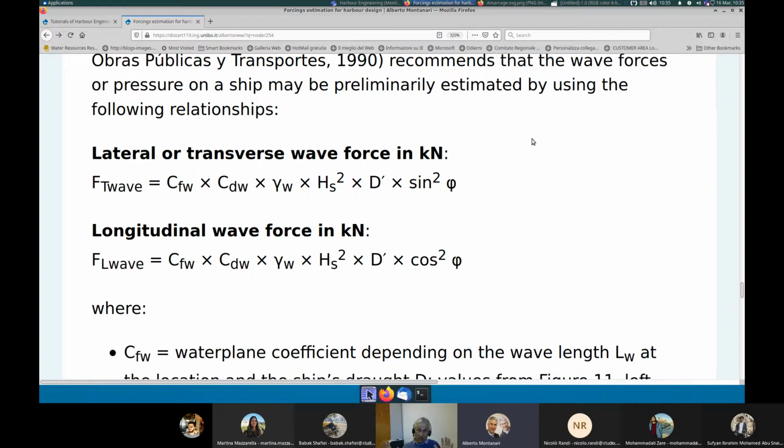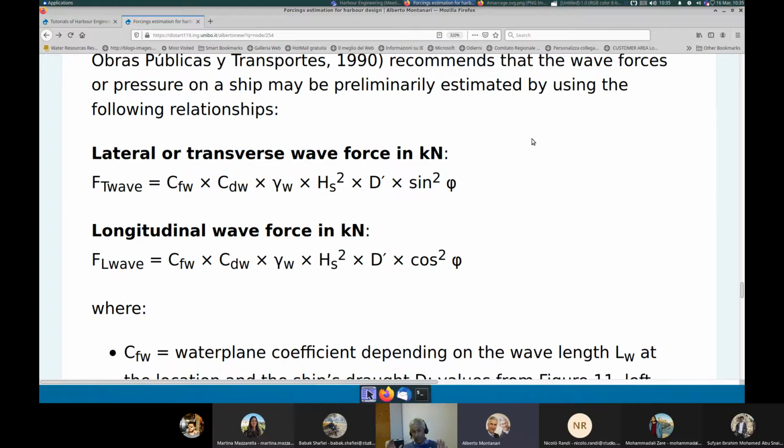We may say, in the same manner, that the only one force resulting from the action of waves is applied in the center of gravity of the immersed area of the ship, projected on the perpendicular plane to the wave direction.